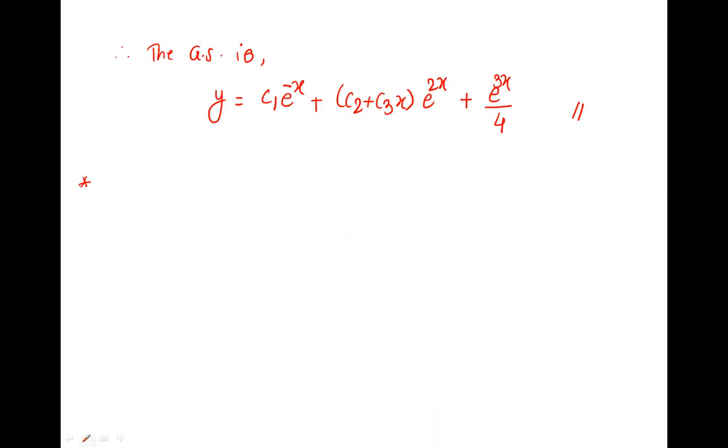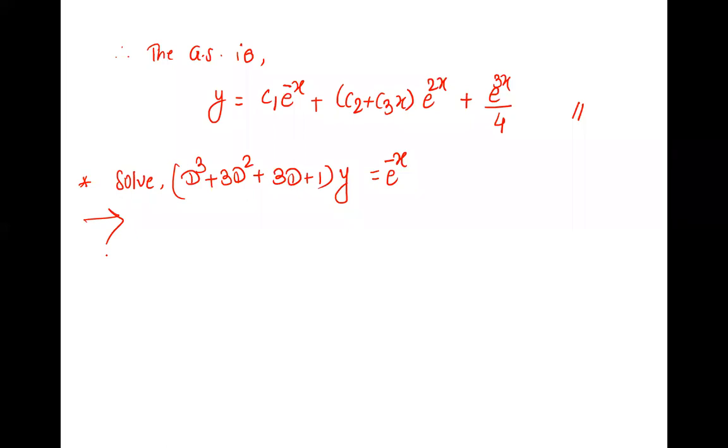Okay, next question, solve: D cube plus 3D square plus 3D plus 1, y is equal to e raised to minus x. Can you now identify the type?